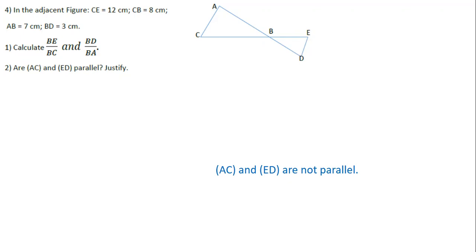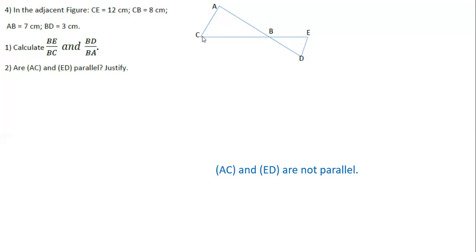Mariam, are you still with me? Yes. Okay, let's look again, Mariam, at the given figure here. So we have this adjacent figure. We have the value of segment CE, it is 12 centimeter.